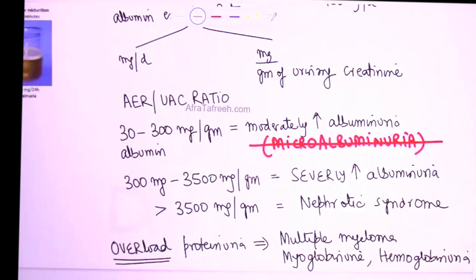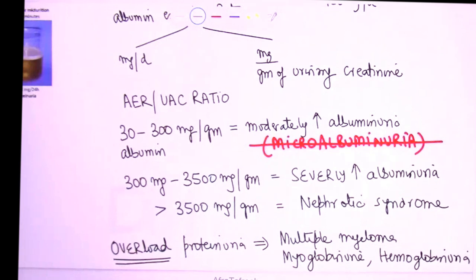Functional proteinuria is another term that you will read sometimes in books. Functional proteinuria just means that there is no organic kidney cause per se. It could be present secondary to, let me say, a person having done jogging in the morning. You see, lots of times people might come to the lab after doing a morning run. Now, after a morning run, if a person is going to deliver a urine sample, there's a possibility that RBCs could be present in the urine and even proteins could be present in the urine.